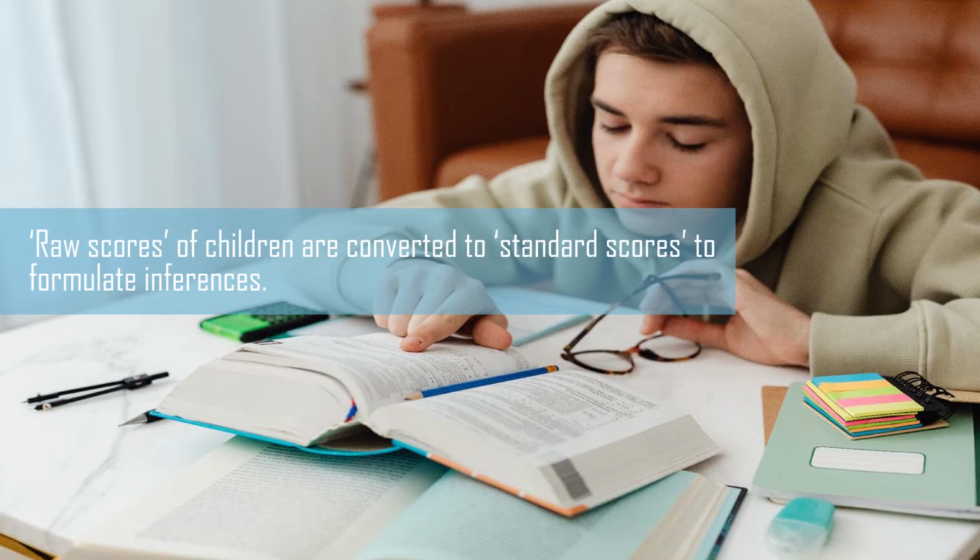We convert using the formula x minus M divided by SD, where M is the mean score, x is the individual raw score, and SD is the standard deviation. If we convert the raw score to a standard score, then we can formulate certain inferences about the group score, about the group data, and accordingly we can interpret.